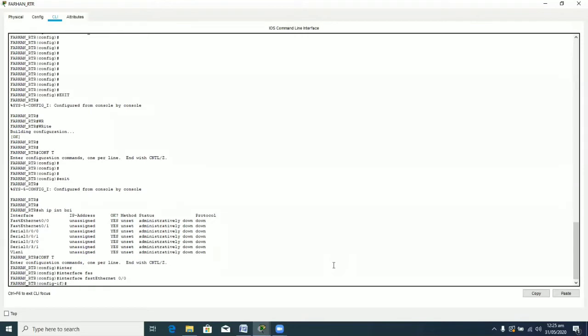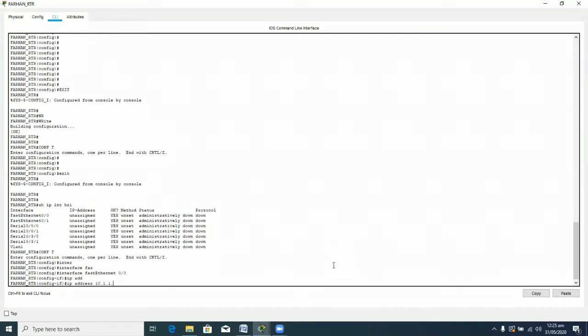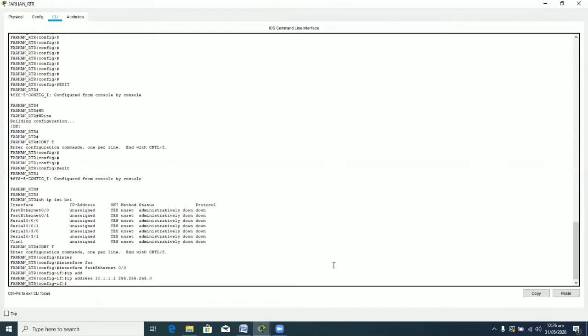After entering into this, you have to assign an IP address, and by default all the ports of the router are down, so you have to turn on those interfaces also. So the IP address, let's say, is 10.1.1.1 and 255.255.255.0. This is a class A IP address with a changed subnet mask, /24 CIDR value. And now I am using the no shutdown command.